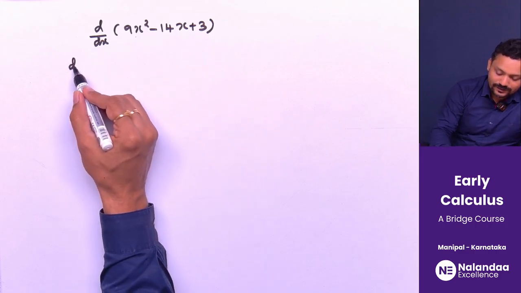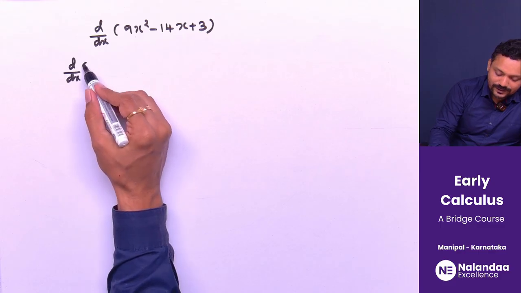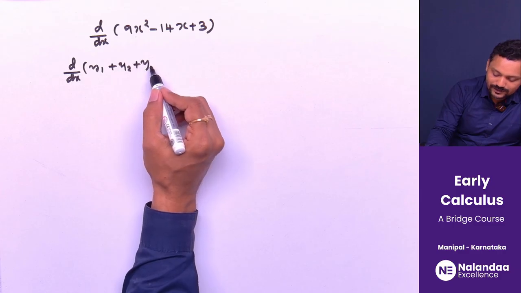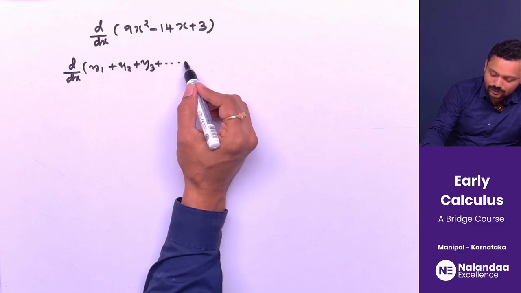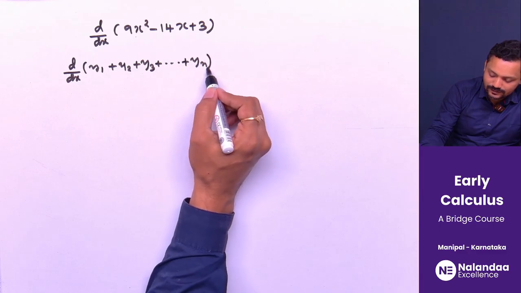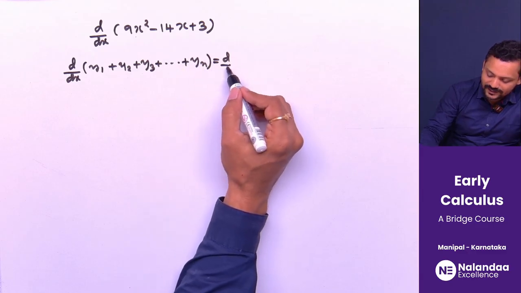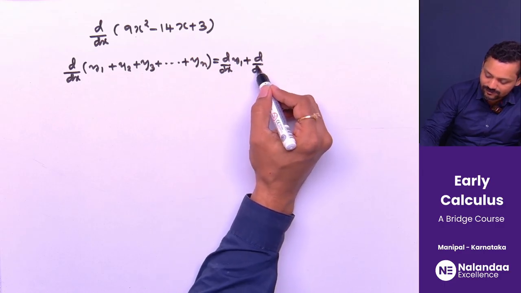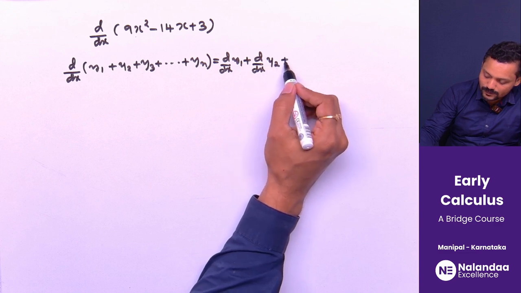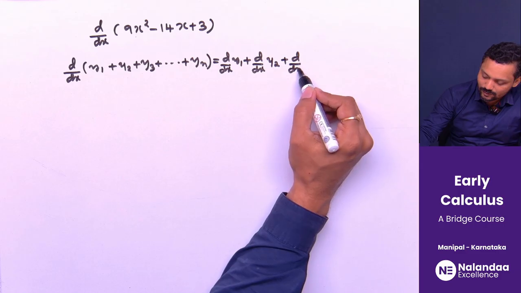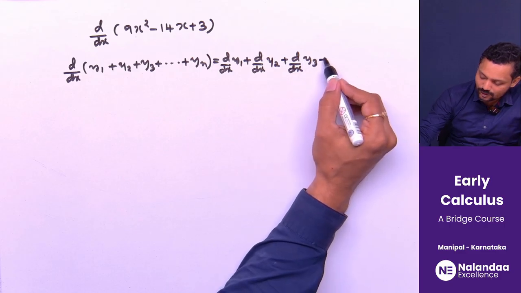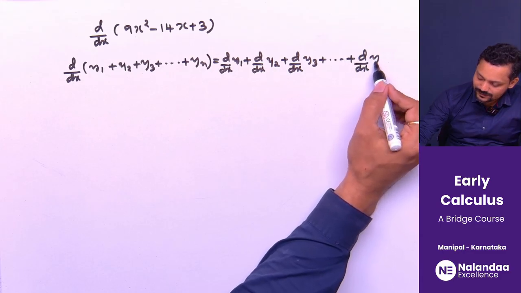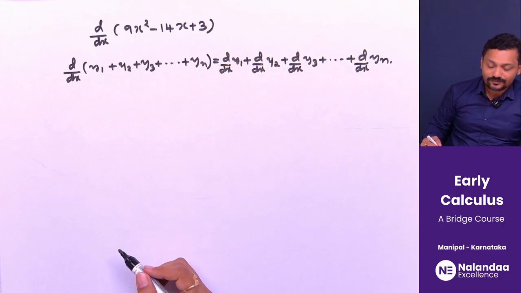So we need to remember that d by dx of y1 plus y2 plus y3 etc. up to yn, we can write as d by dx of y1 plus d by dx of y2 plus d by dx of y3, so on, d by dx of yn. So this is how we perform the differentiation.